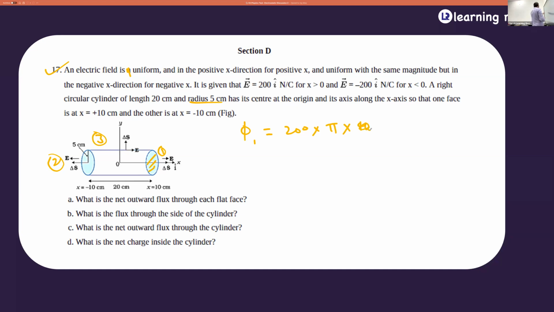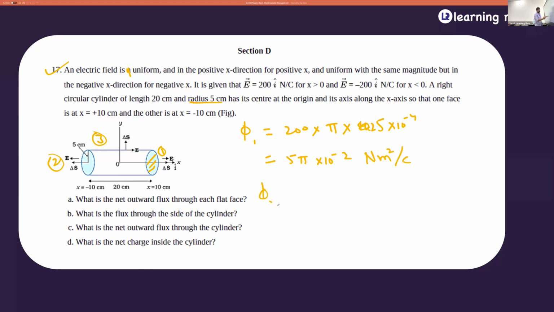Oh sorry, R is 5. Into 25 into 10 power minus 4. So the answer will be 5 pi into 10 power minus 2 Newton meter square per Coulomb.